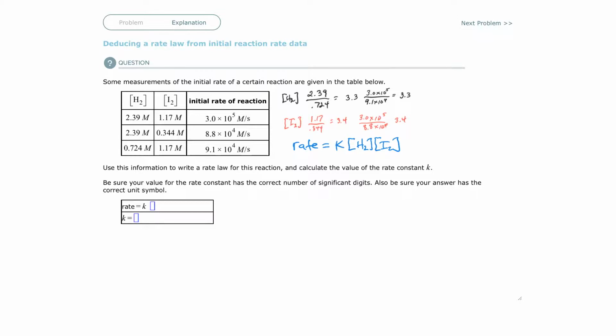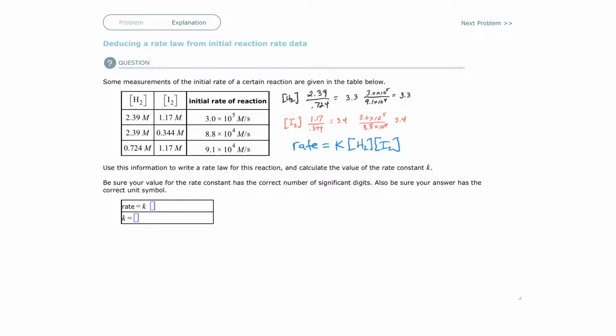So I have rate equals constant times the concentration of hydrogen times the concentration of iodine, both to the first power. Now that I know what the powers are, I can figure out my K. I can simply put in the initial rate and the concentrations from one of the tests.